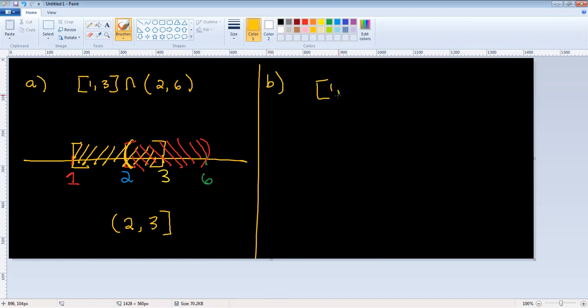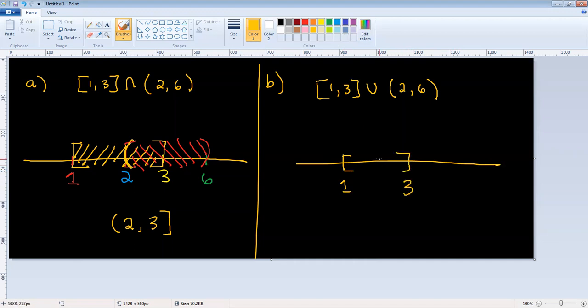All right, what about something like this? 1, 3 union with 2, 6. Well, this is 1, 3, and this is 2, 6.